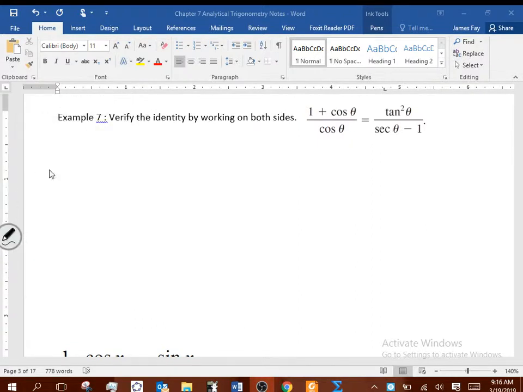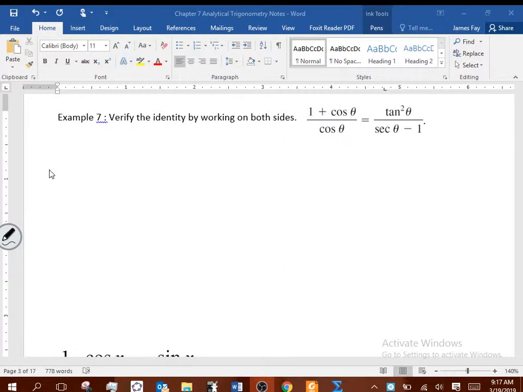Some people are comfortable pulling things apart, putting things together, using identities, using the explicit algebra that is there and the implicit algebra. Other people are just more comfortable using algebra.